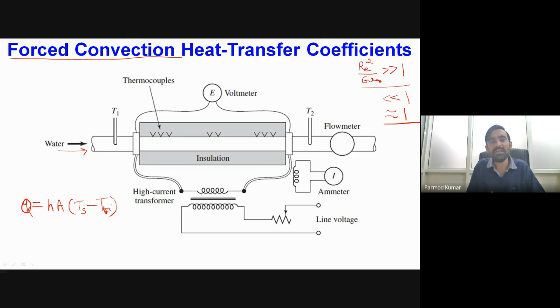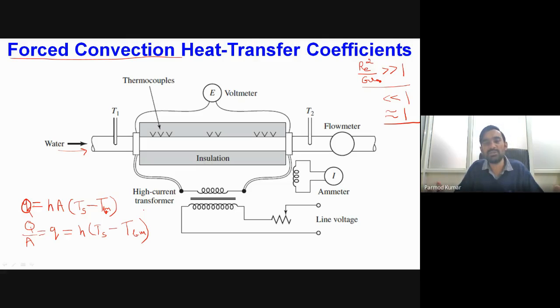That is our equation for the rate of convective heat transfer. Now if I divide this Q by area, I get the heat flux. So heat flux is equal to H times Ts minus Tbm, the bulk mean temperature.